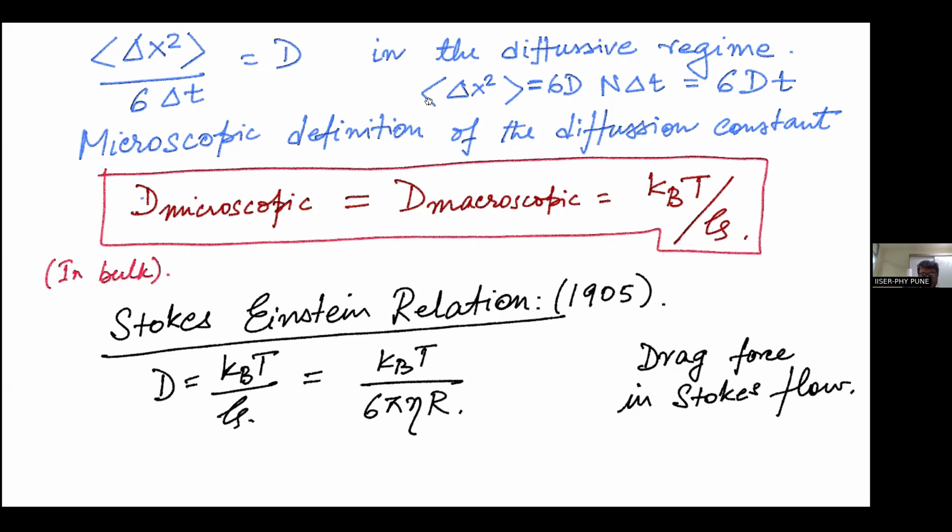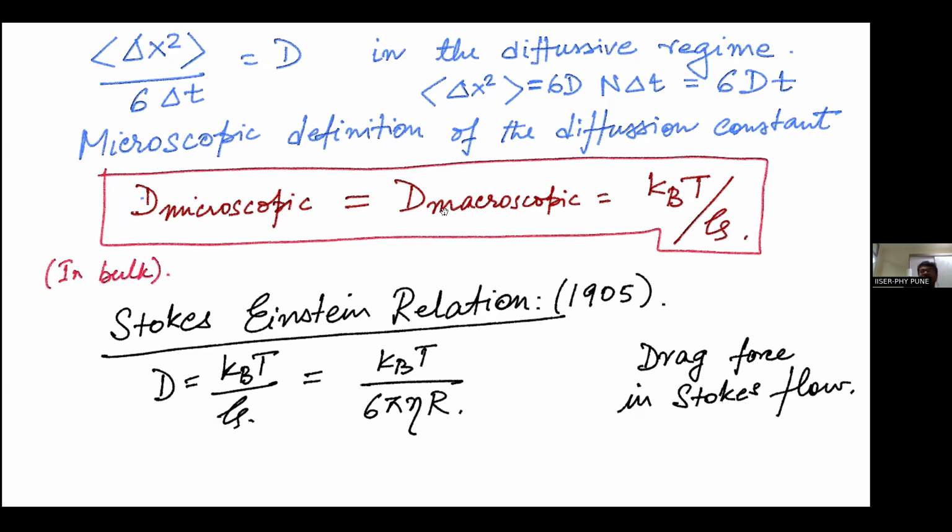Once they know the diffusion constant, and since they know that this relationship holds, kBT by 6 pi eta r, what is difficult for them? They don't know the radius of the particle that they are observing. They know kBT and eta, the viscosity of the fluid, and they calculate D. They estimate the radius of the particle by doing such measurements.